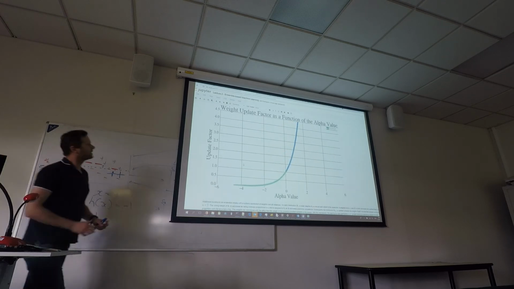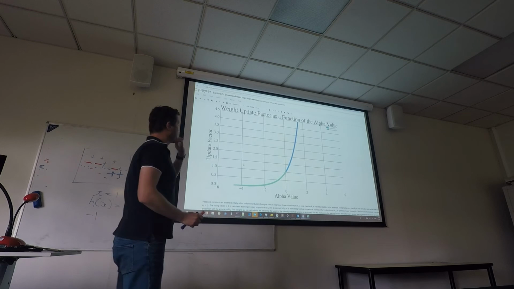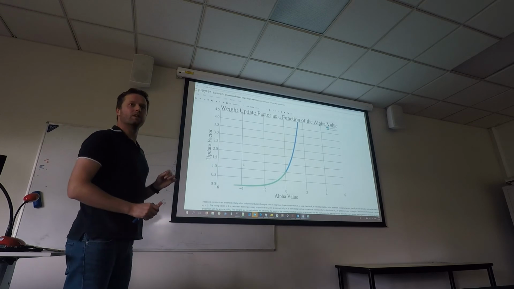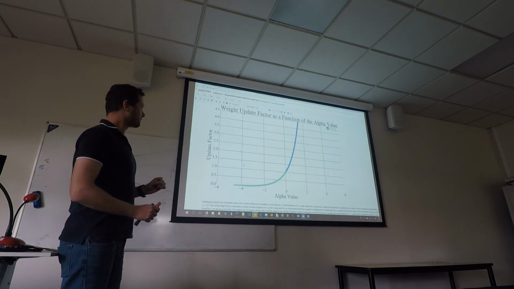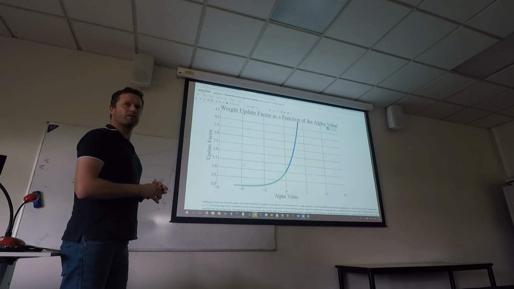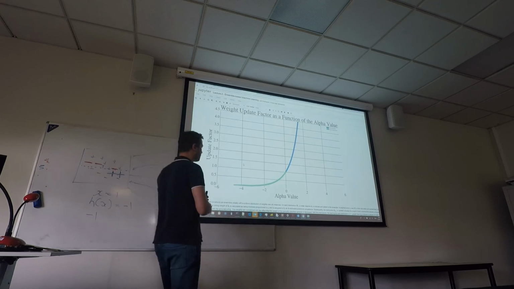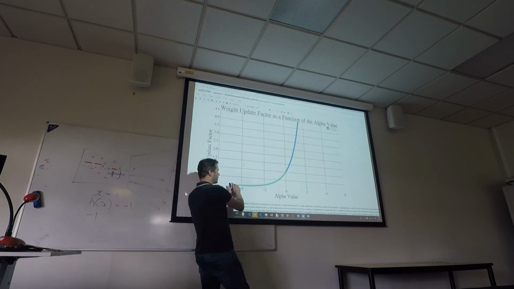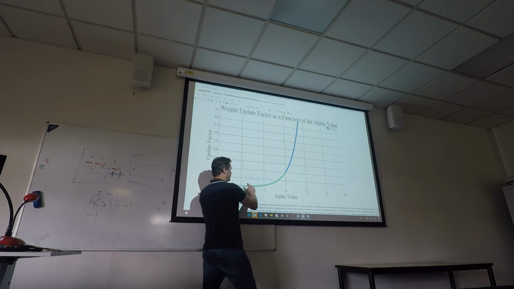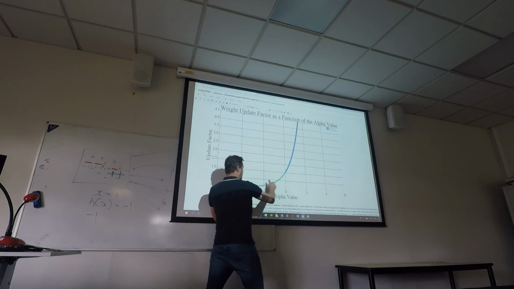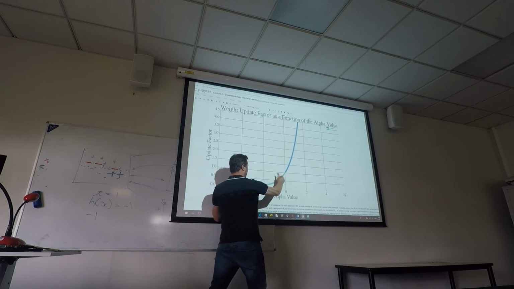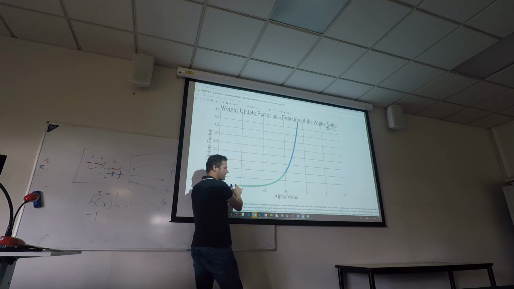Now this is the weight update function of each sample. So given the alpha values previously, remember this is the alpha value that we punch in. This is the value that we punch into the exponential function if the sample has been correctly classified. It's a negative, remember, because we want to reduce its weight.